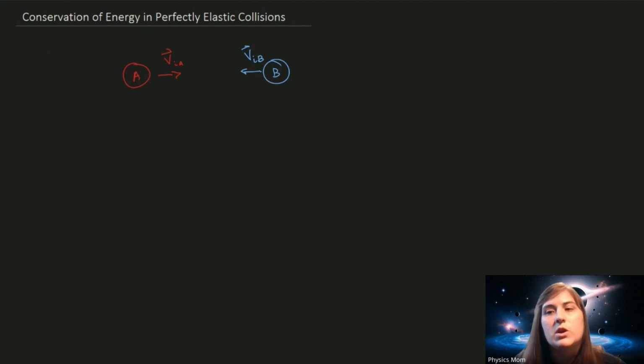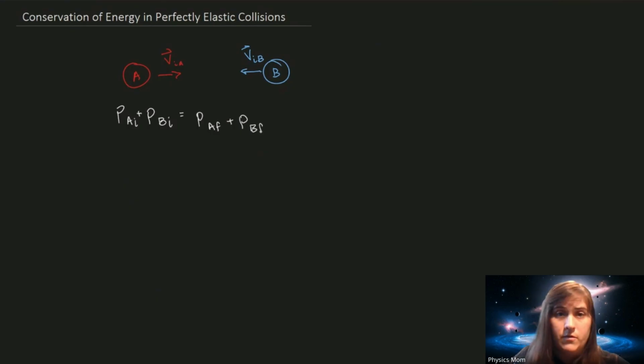When they collide, we know from momentum that the momentum before, so the momentum of A plus the momentum of B, the initial or before the collision, should be equal to the momentum after. This would be A final plus B final. In terms of that, that's just their mass and respective velocities.